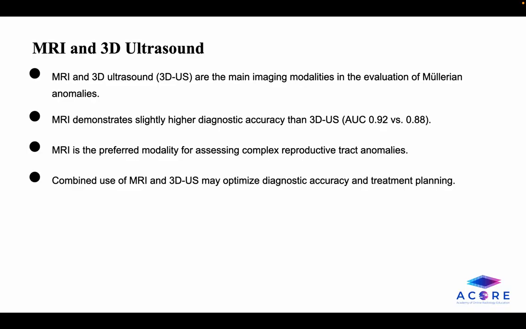MRI remains the preferred imaging modality for evaluating complex Müllerian anomalies because it visualizes the entire pelvis and associated abnormalities. However, the combination of MRI and 3D ultrasound provides the highest diagnostic confidence most of the time and can improve treatment planning.